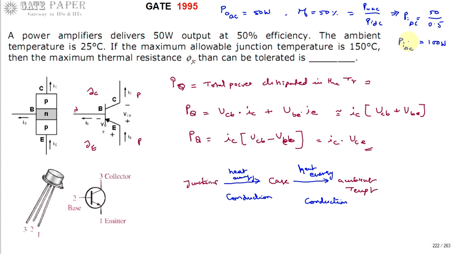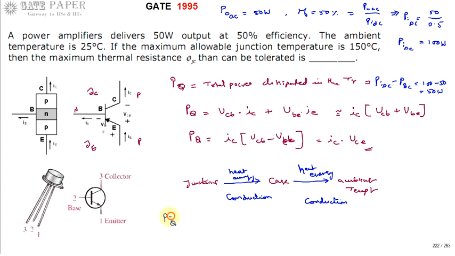Out of that, only 50 watts is delivered to the load, and the remaining 100 minus 50 is dissipated in the transistor. So PQ, the power dissipated in the transistor, is Pi DC minus P0 AC, which is 100 minus 50, equal to 50 watts.